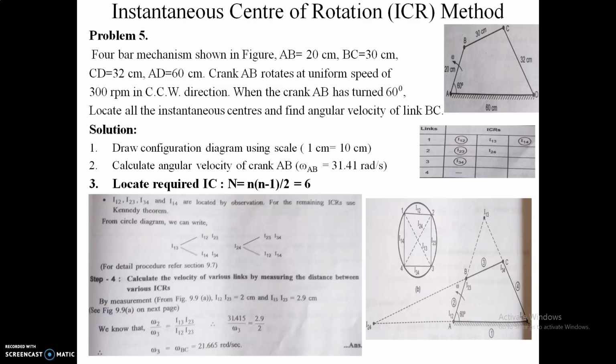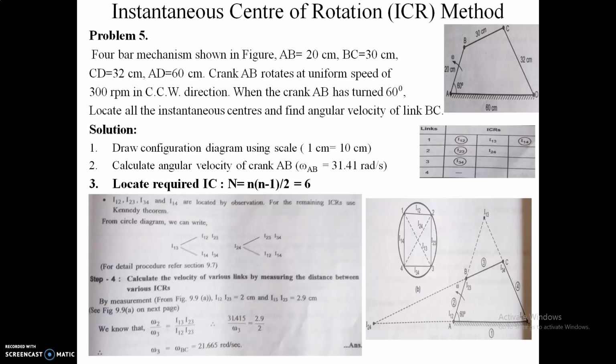Now how to solve such a problem? Let us see step number 1. First of all, you draw the configuration diagram using a scale. Again, as we have discussed in the relative velocity and acceleration method, you have to keep in mind the different lengths of the links, and accordingly you choose the minimum and maximum length, and accordingly you take the scale for the configuration diagram.